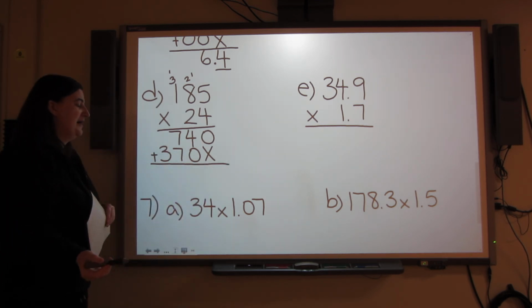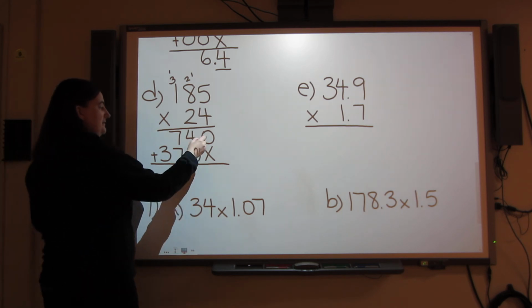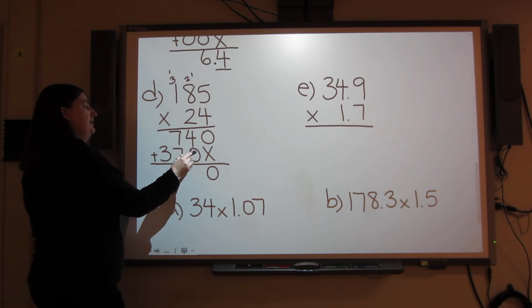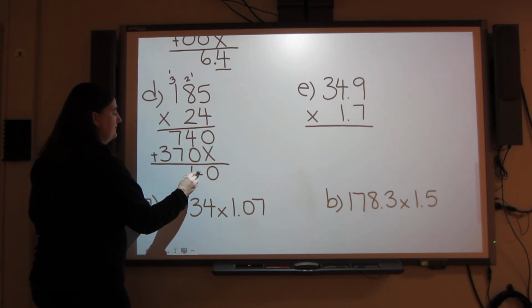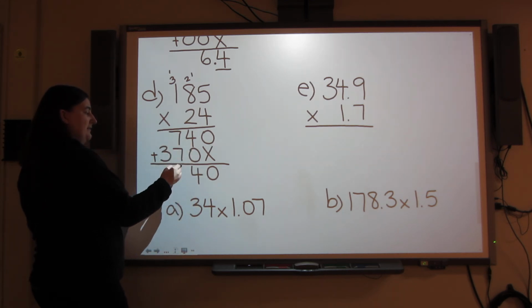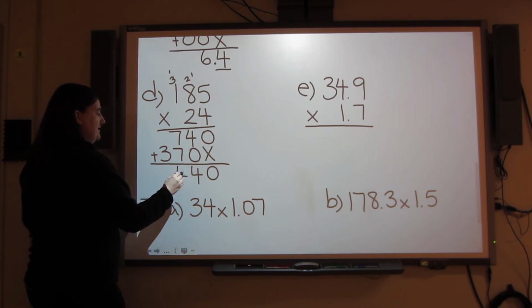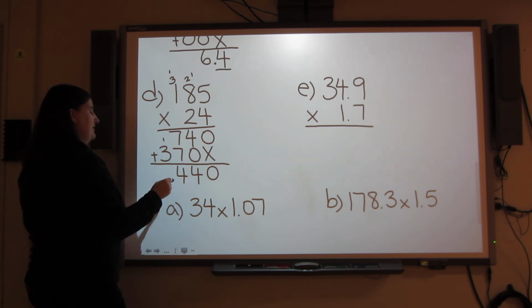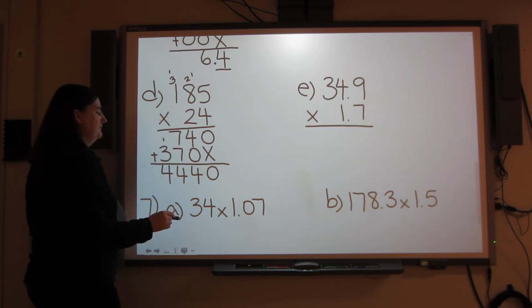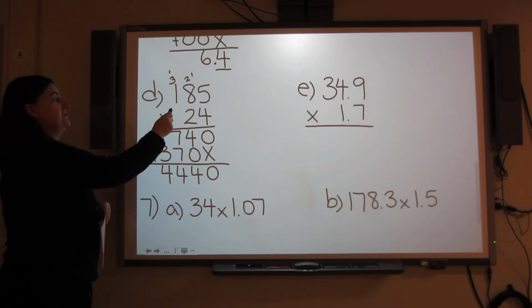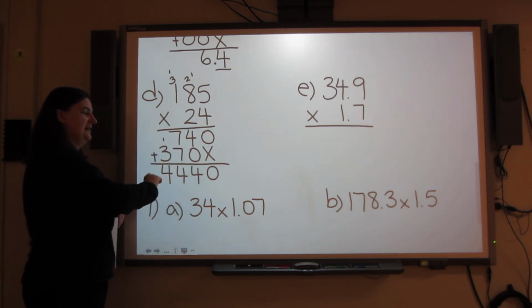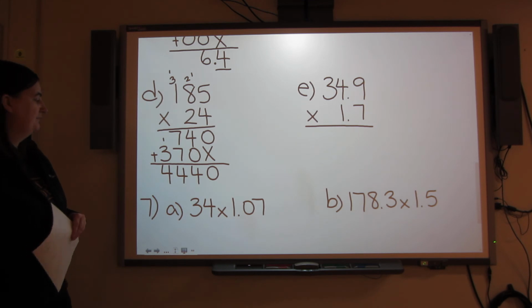And now I add them up. 0 plus nothing is 0. 4 plus 0 is 4. 7 plus 7 is 14. Carry the 1. 3 plus the 1 that I carried is 4. I have no decimals in my question, so I have no decimals in my answer.